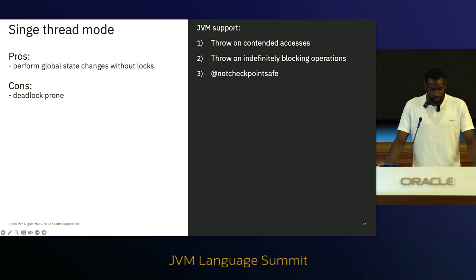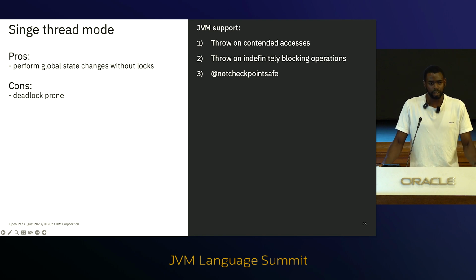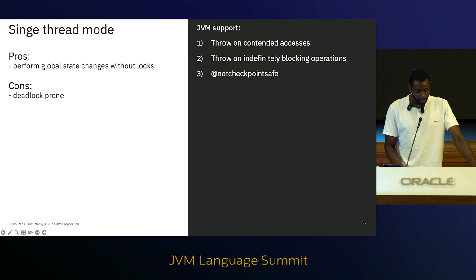So as you saw earlier, the hooks are run in single-threaded mode. This means that you can do global state changes and not have to worry about any synchronization issues or race conditions. However, this does introduce a challenge. Some of the hooks in the JVM are Java hooks.